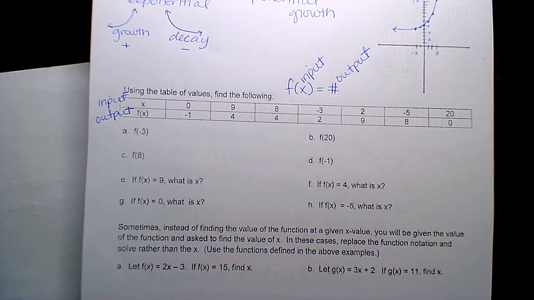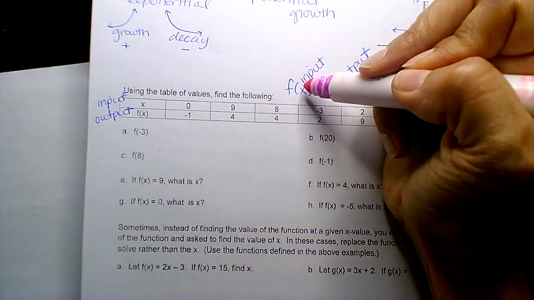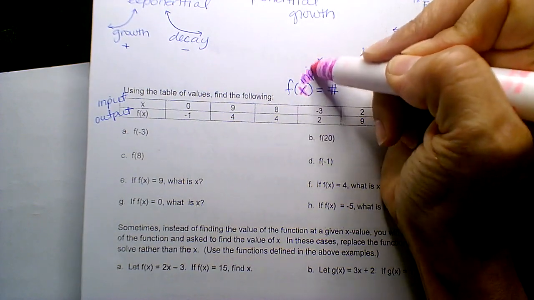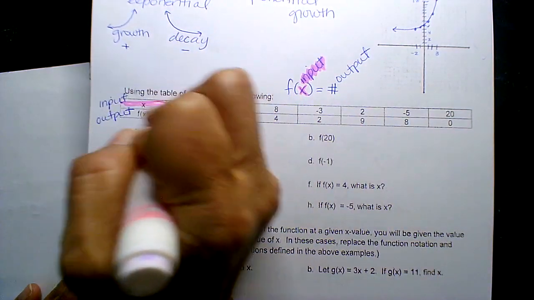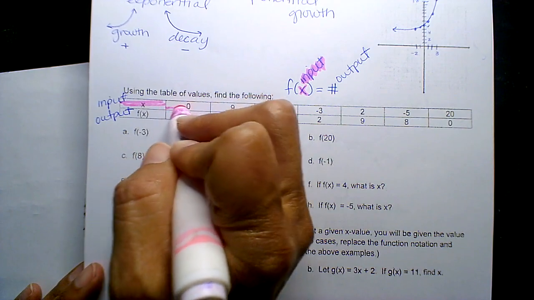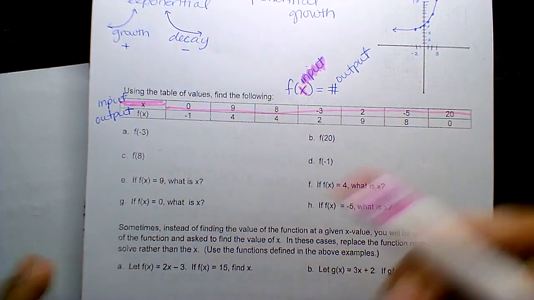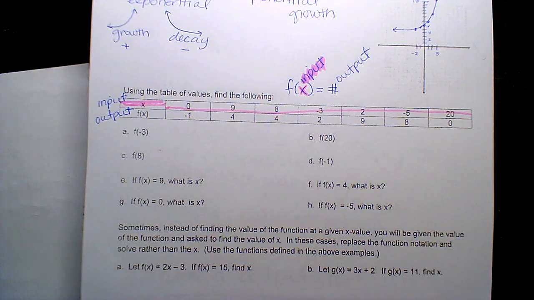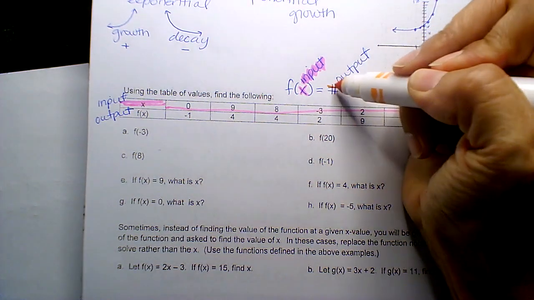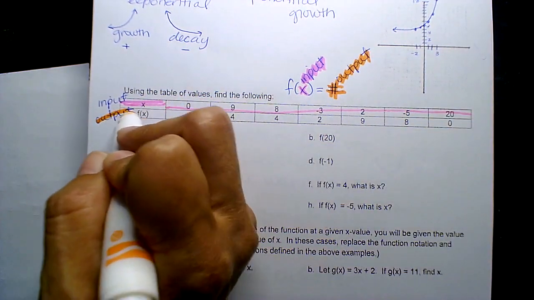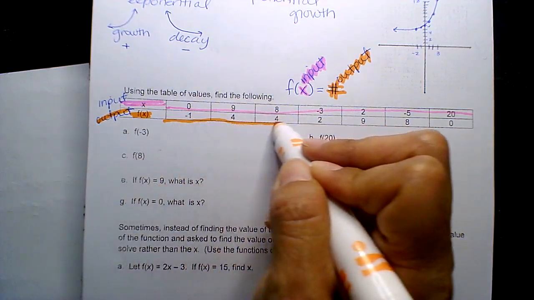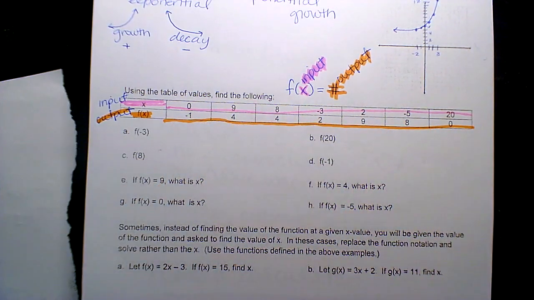So sometimes students will color code: when the number's inside the parentheses, that's this column, so you could underline it through, and if you have the number after the equal sign, this is your output. So it's this line of values.